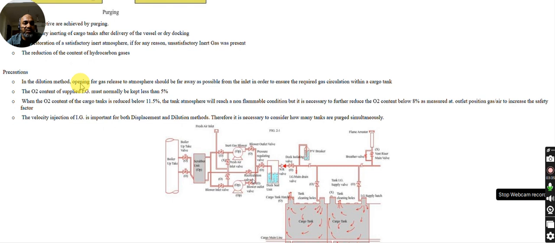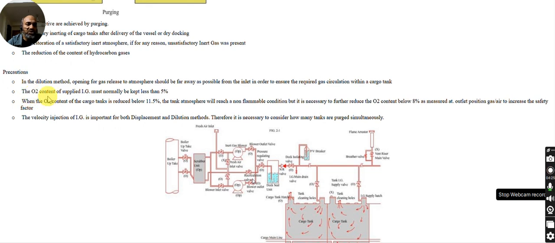That means the position where the gas goes out to the atmosphere should be at the far end, away from the inlet of the gas, so that within this time the gas is circulated, mixed up, and the hydrocarbon gas is removed.